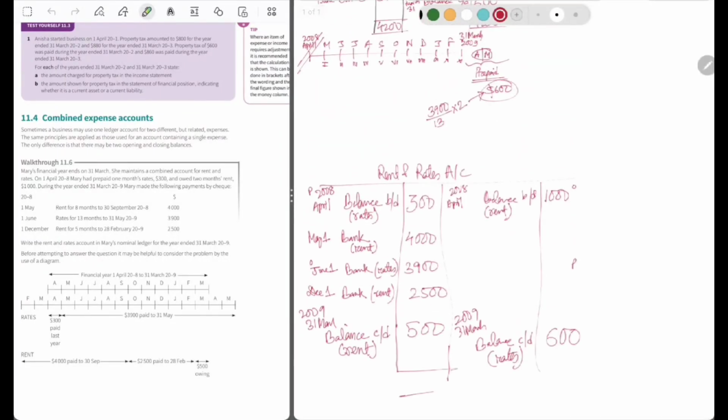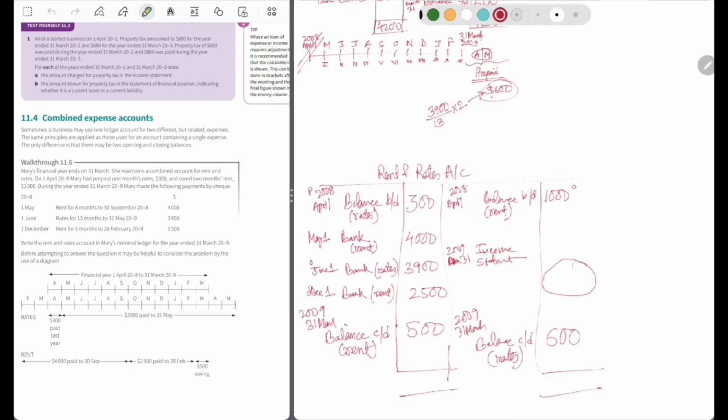Here, since it is combined expense, we just add all the amount of expenses together and write down income statement here. So on 2009 March 31st, we write down income statement.